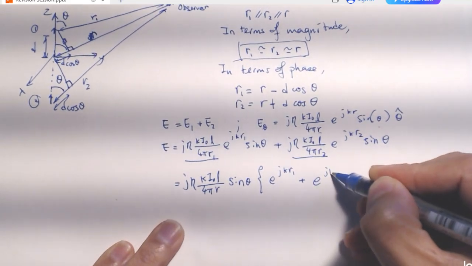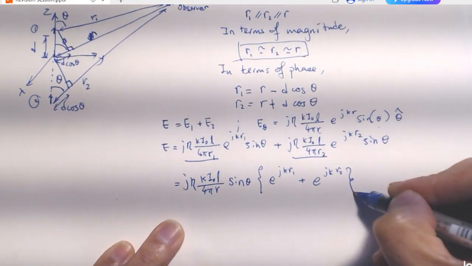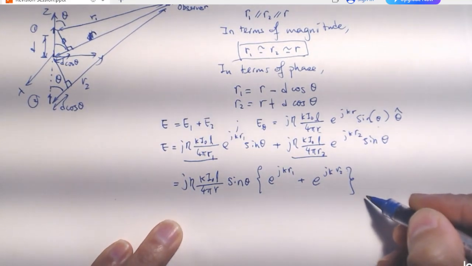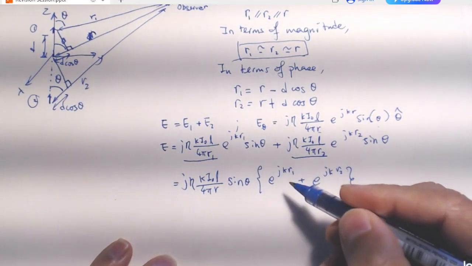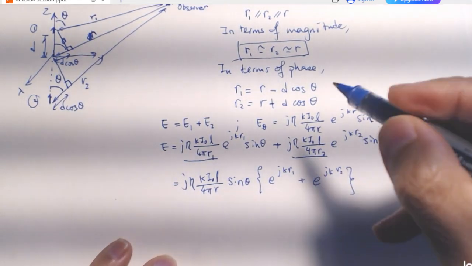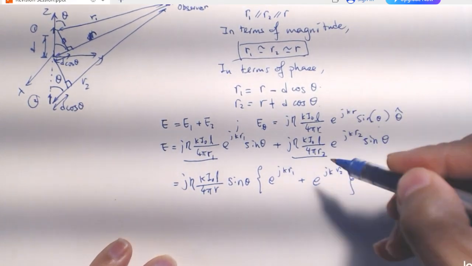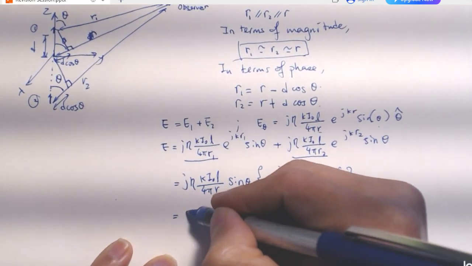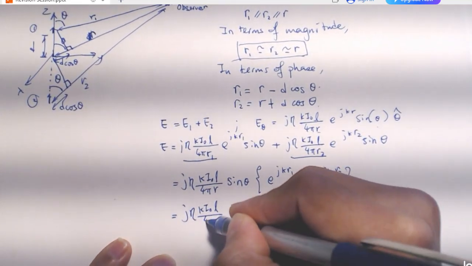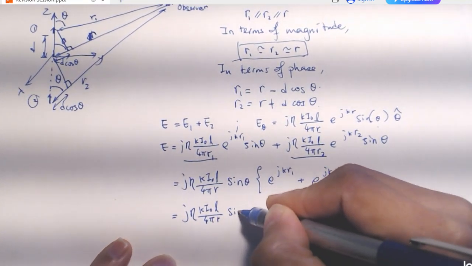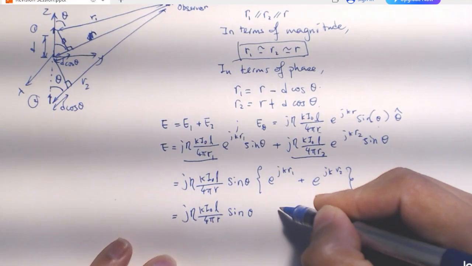If we do that, then we are not going to get anything. So now what we are supposed to do is to substitute these two expressions for the phase. The phase is going to be treated more accurately than the magnitude. This is the key point.